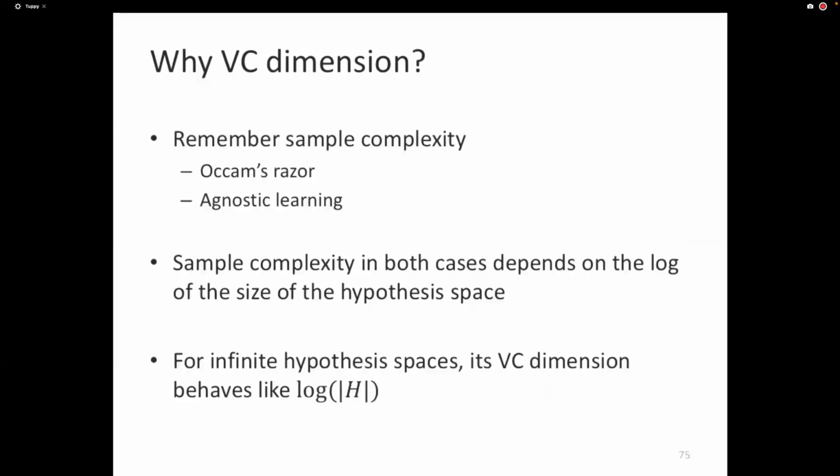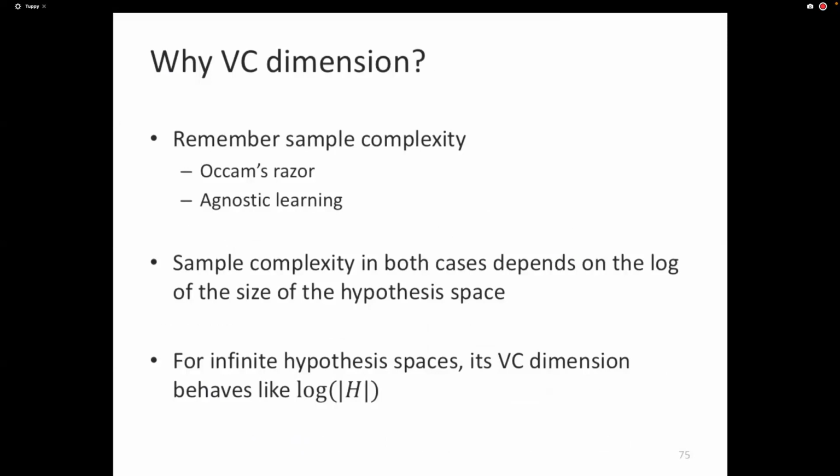Now, let's go back to where we left things off. Why are we even talking about VC dimension? Our goal is to talk about sample complexity. Remember, we talked about Occam's razor and agnostic learning and such things. In both of these, in the finite hypothesis scenario, in all cases, the sample complexity depended on the log of the size of the hypothesis space.